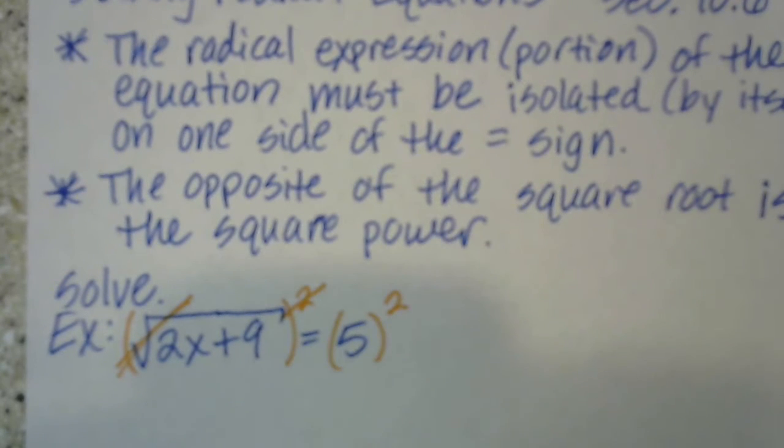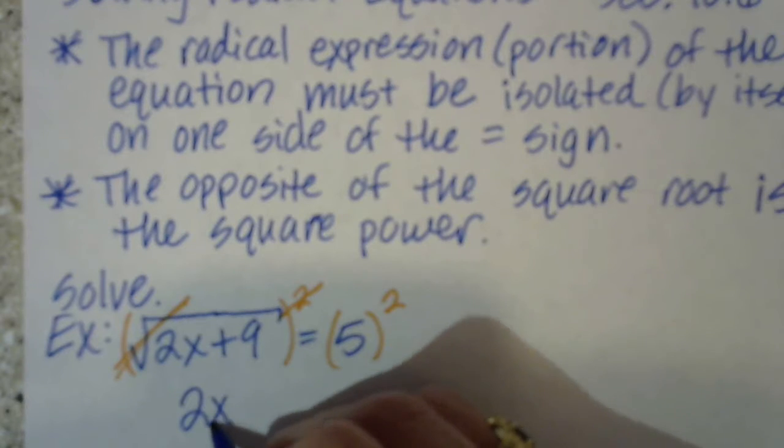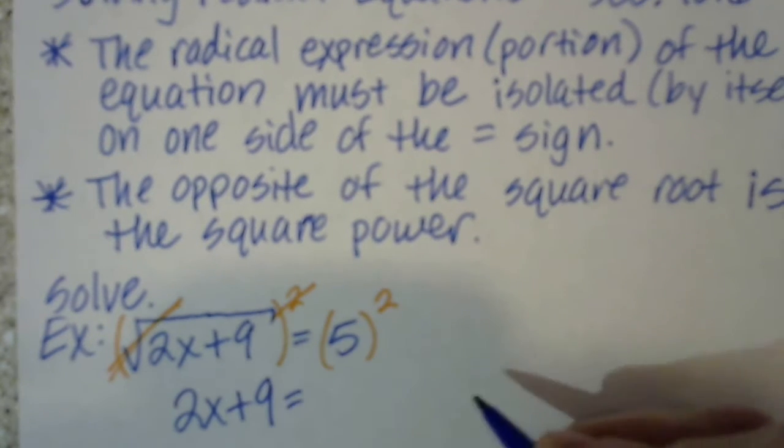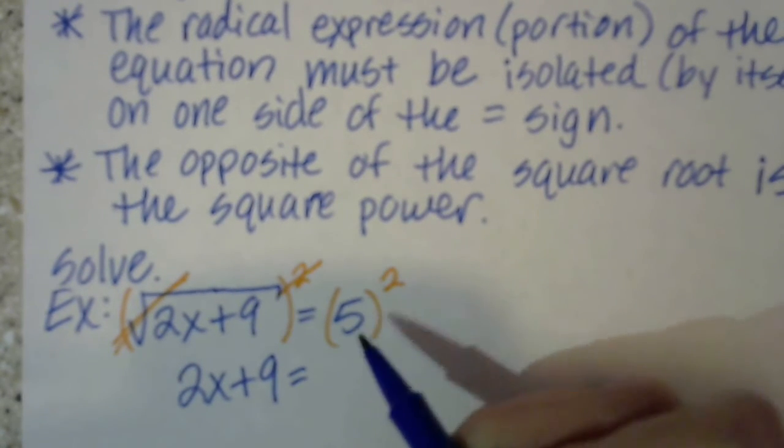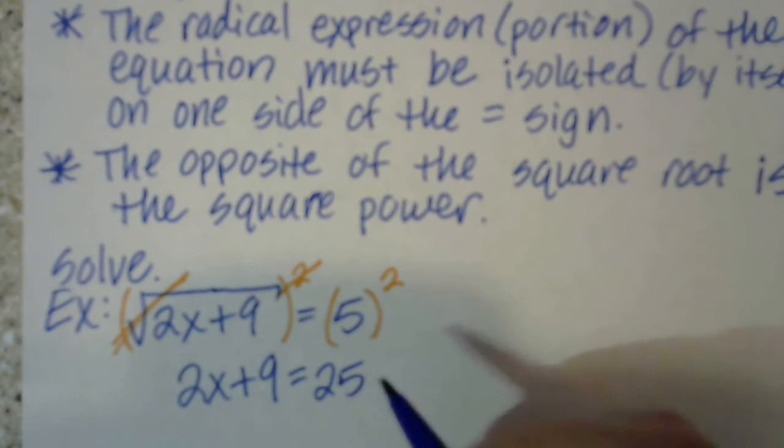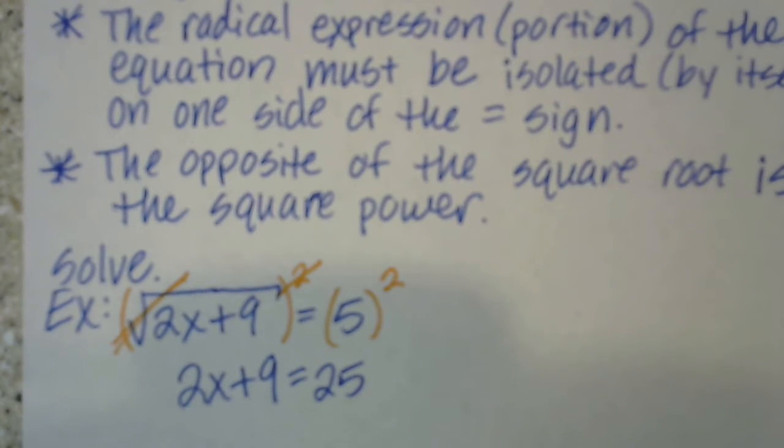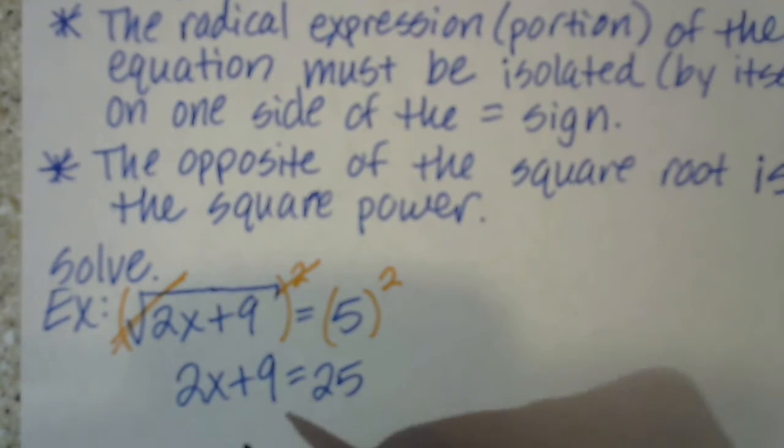So on the left side, it's going to cancel the radical, which is just going to leave me with 2x plus 9. But on the right side, I have to do 5 squared, which is 25. At this point, it becomes a regular linear equation that we can solve easily.